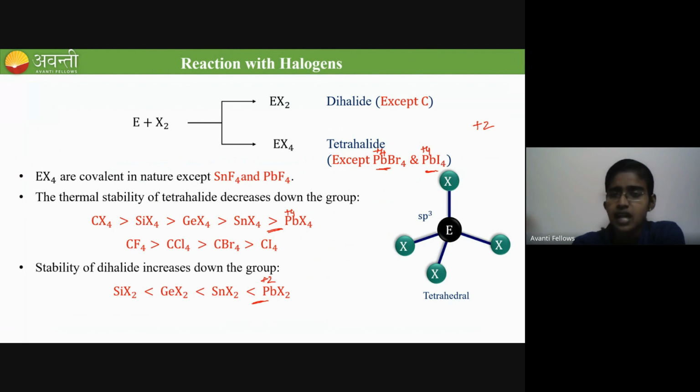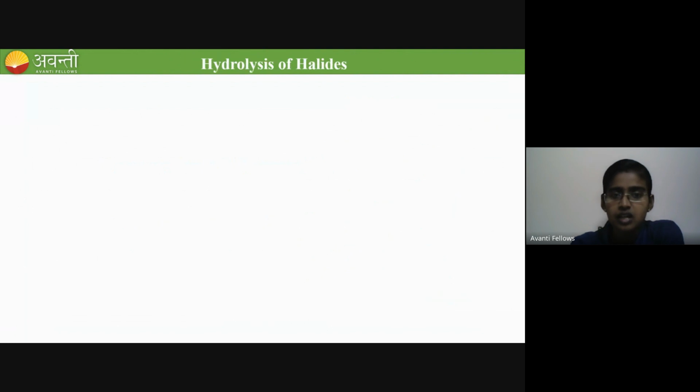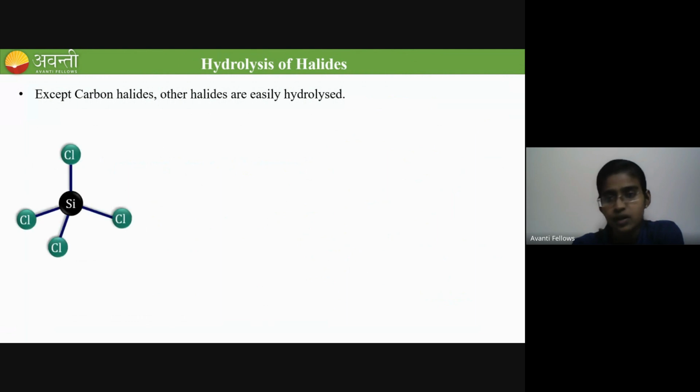And when these halides, EX2 and EX4, undergo hydrolysis, what is going to happen? That we will see here. Except carbon halide, all other halides are easily hydrolyzed. All other halides can easily react with water and get hydrolyzed. Suppose I am taking SiCl4, silicon tetrachloride.